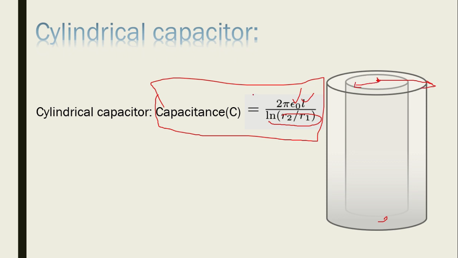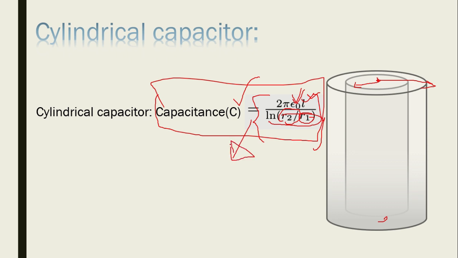If any problem is given on a cylindrical capacitor, you should substitute in this one and anything can be asked. They can ask permittivity, the length of the capacitor, the outer radius or inner radius, or the capacitance. You should be able to solve any type of problem.